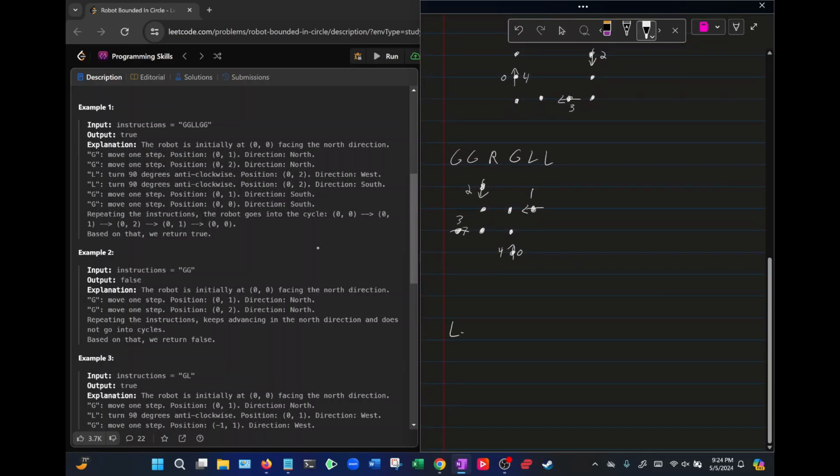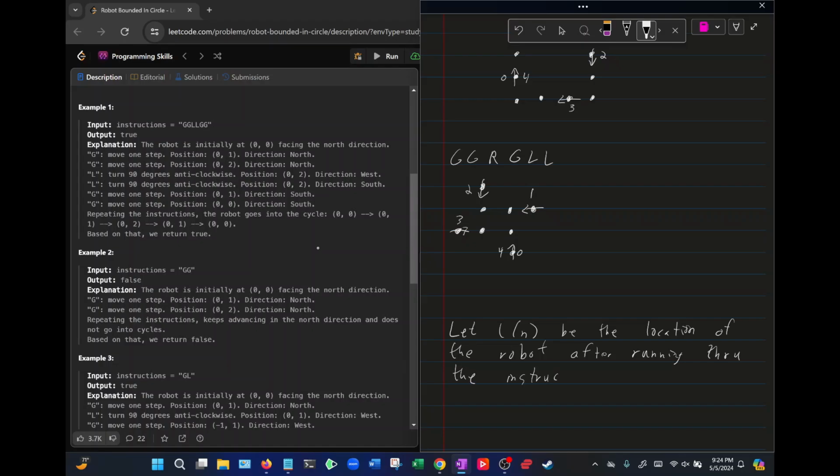Okay, so we're going to have this function L of n be the location of the robot after running through the instructions n times, with L of 0 being where we start, which is the origin.